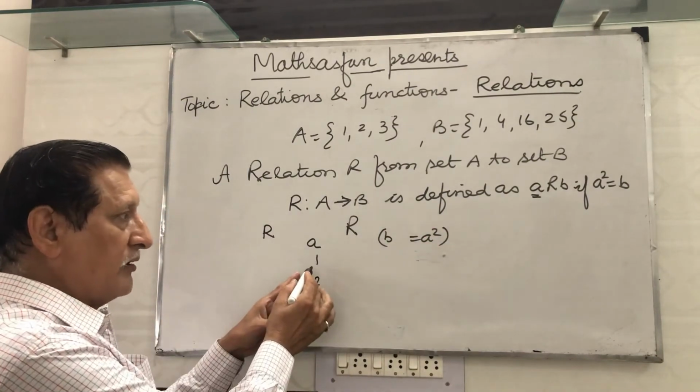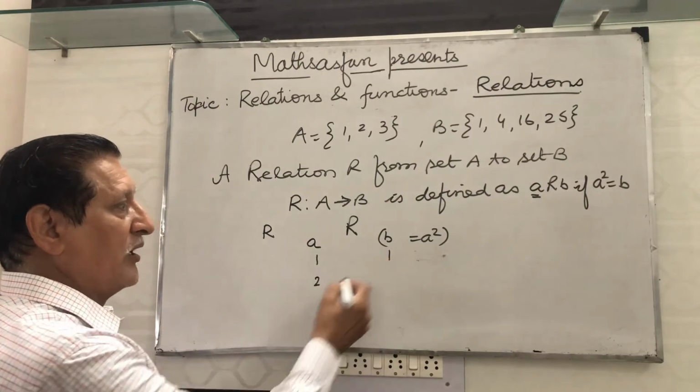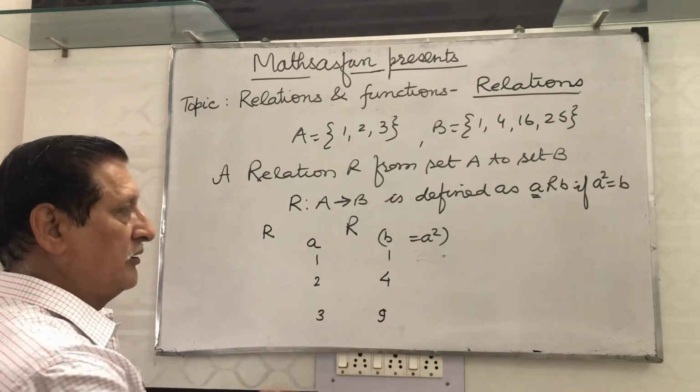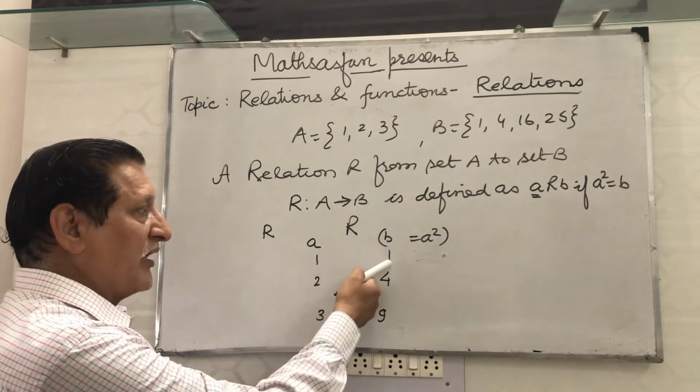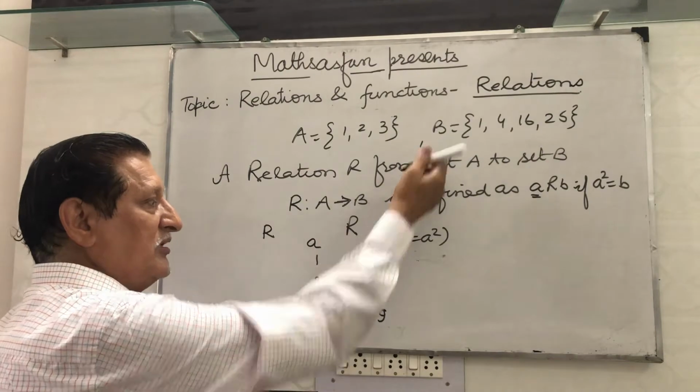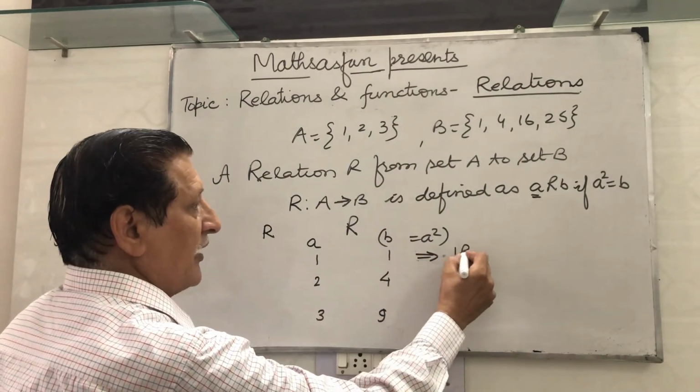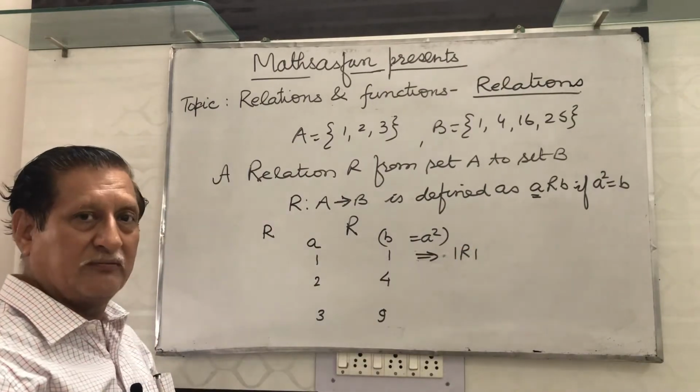Now see, the square of 1 is 1, the square of 2 is 4, the square of 3 is 9. Now in case we want to find whether 1 is available in B or not, yes, it is available. It means we can say that 1 has relation R with 1.